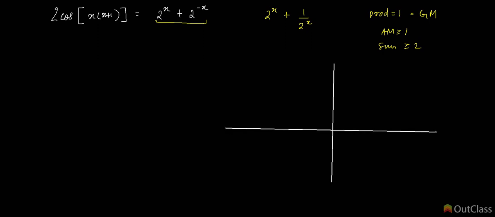It is a sum of two exponential functions, 2 raised to X and 2 raised to minus X. 2 raised to X will look something like this, with this point being 0, 1, and 2 raised to minus X is going to look like this, passing through the same point, 0, 1. And so the sum of these two expressions will look something like this.